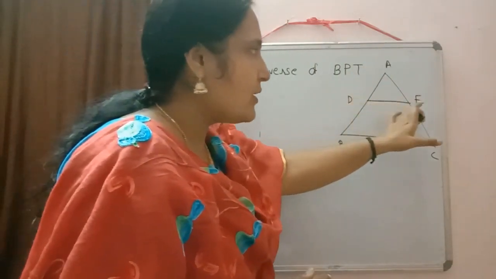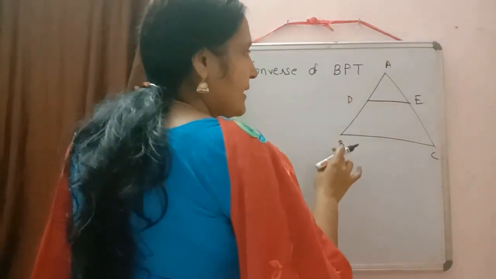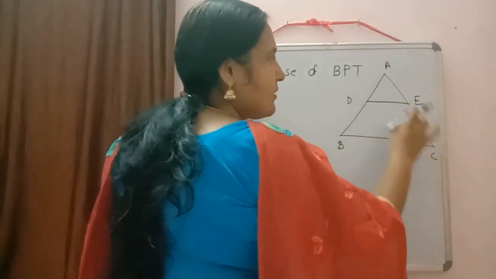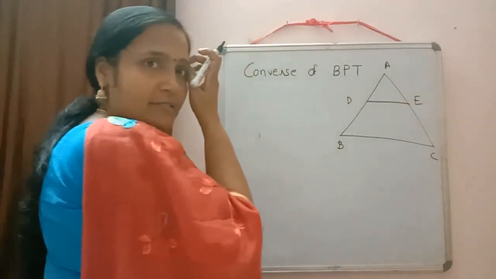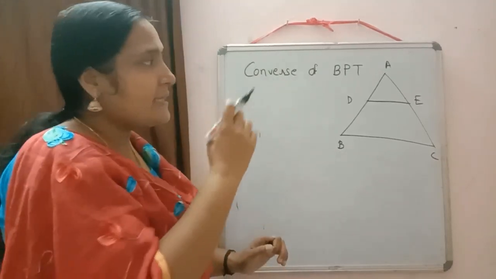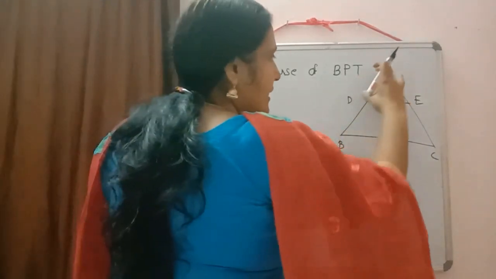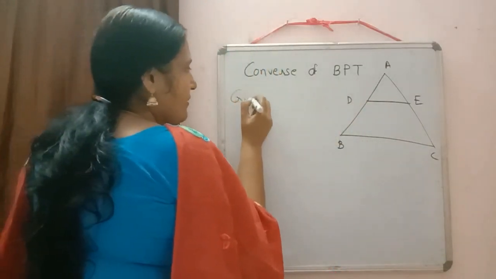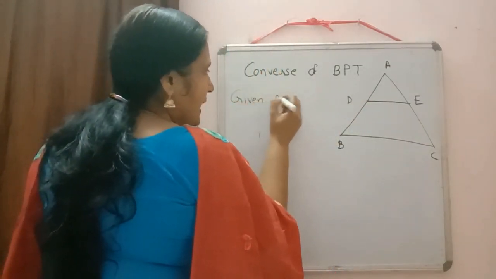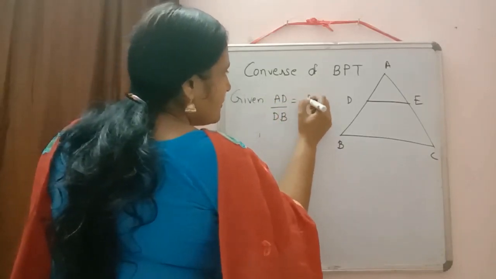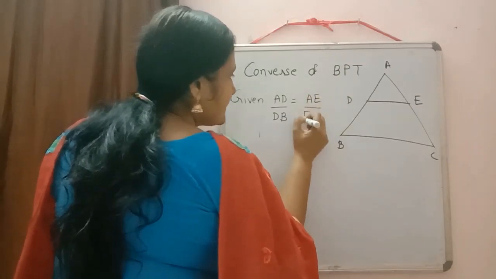When we draw the line segment, AB is divided into two parts and AC is also divided into two parts. So the condition is given: if it divides in the same ratio, their ratios are equal. What is given here? AD by DB equal to AE by EC is given.